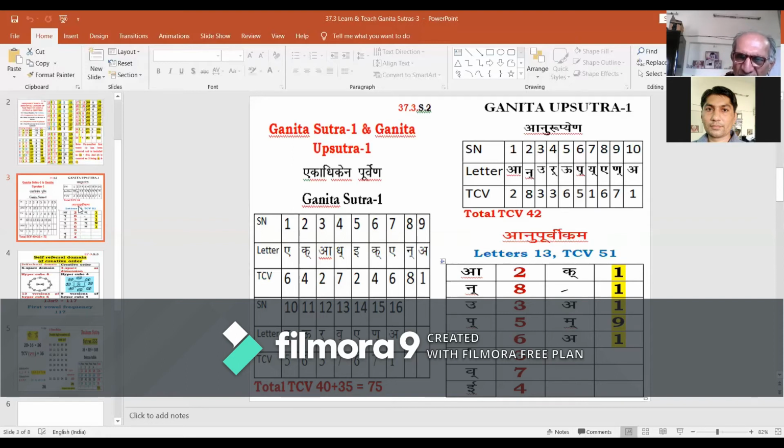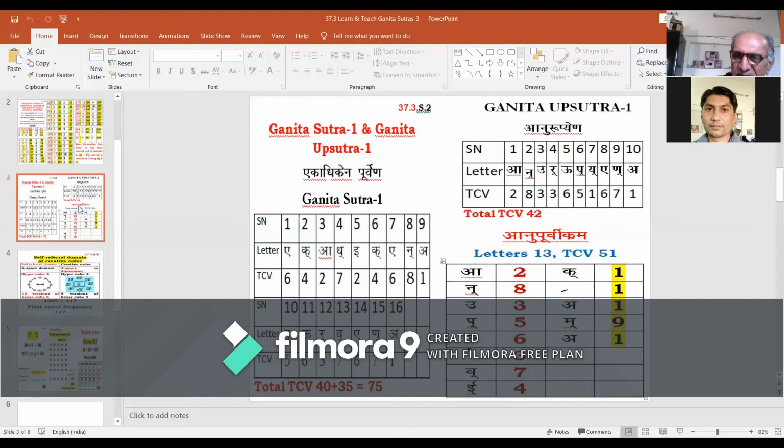Now, this 15 frequency of the first letter A in the text of Ganita Sutras has placements at the first, second, third, fourth, and fifth sutras, and then at the seventh, eighth, and ninth, then in the 11th and 13th.